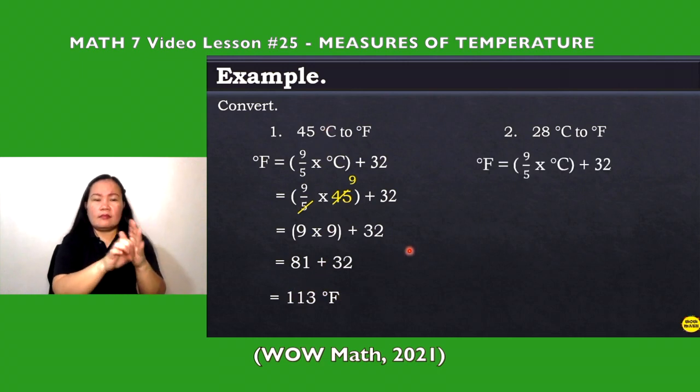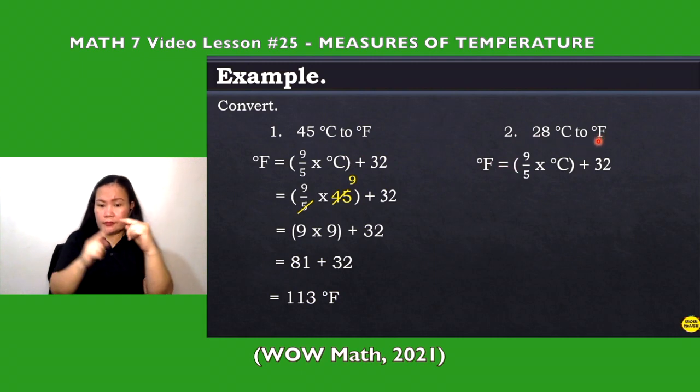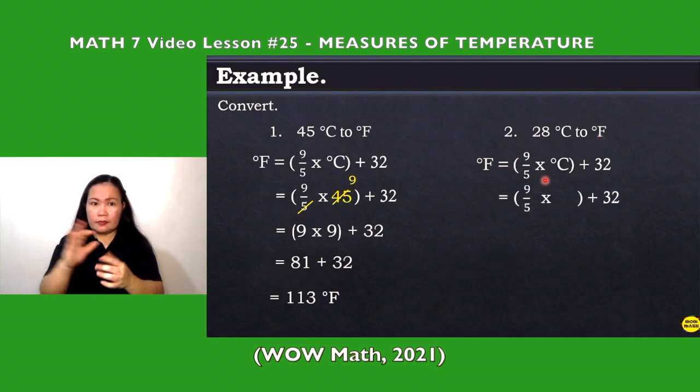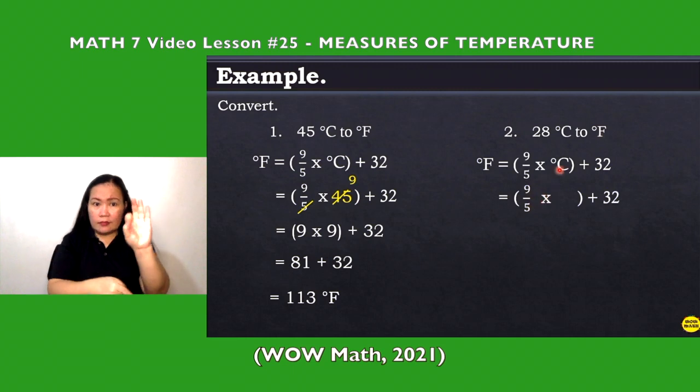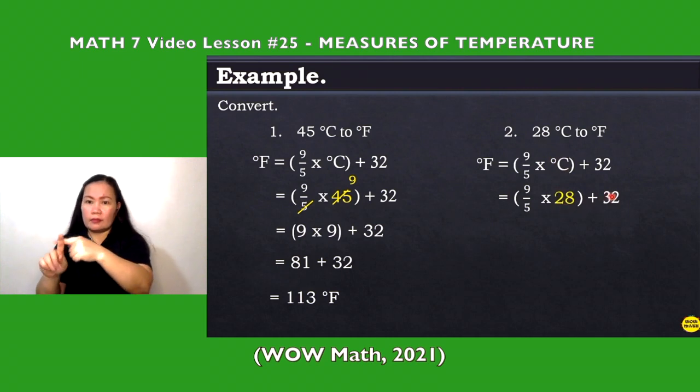Let's have the next one. So, again, we're gonna use the same formula since we are finding for the equivalent of degree Fahrenheit. So, we will have 9/5 times what is your given degree Celsius, that is 28. So, lalagay natin dito 28 plus 32.